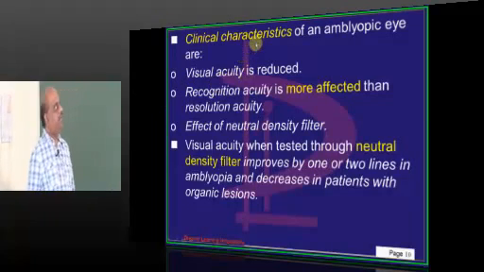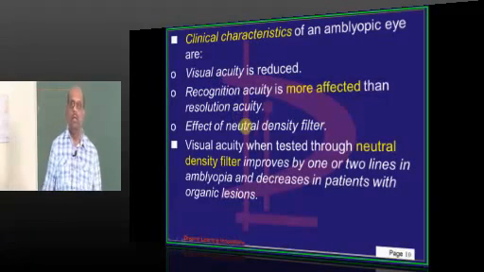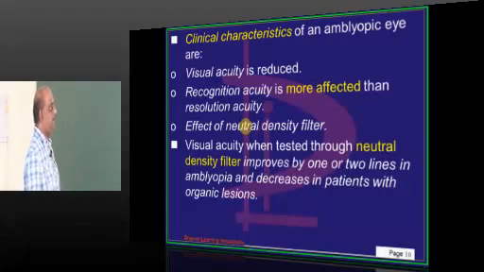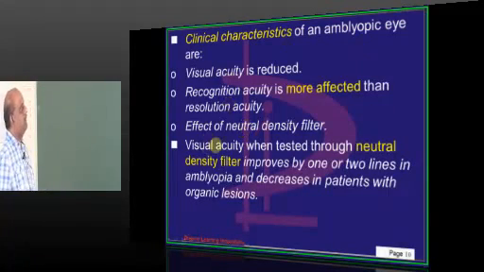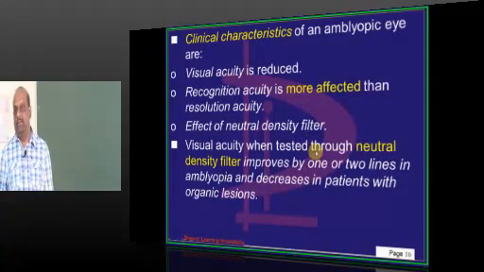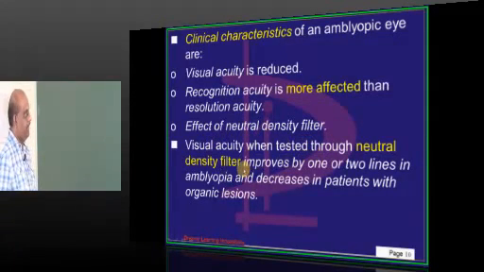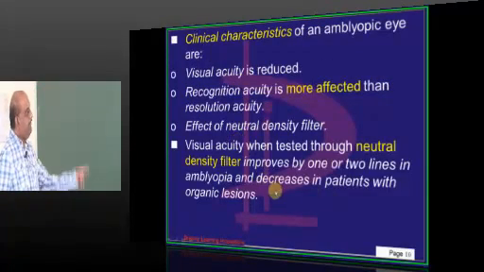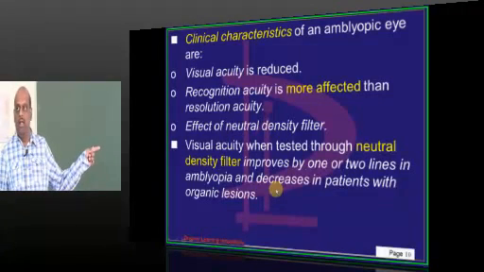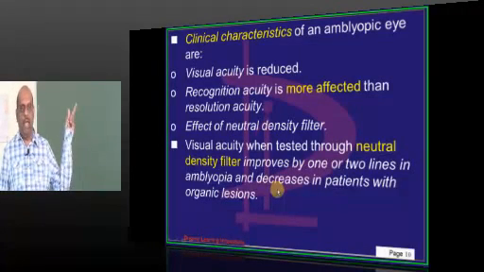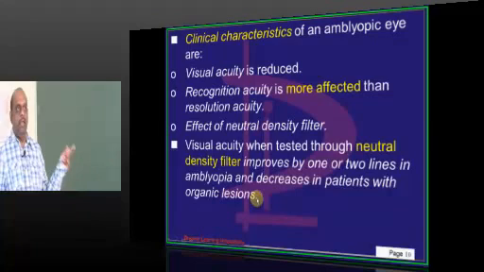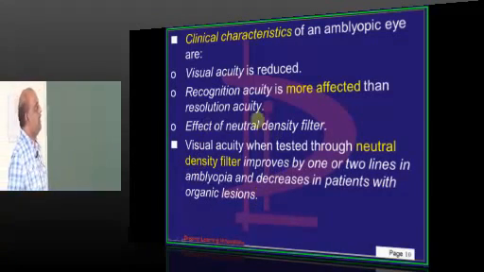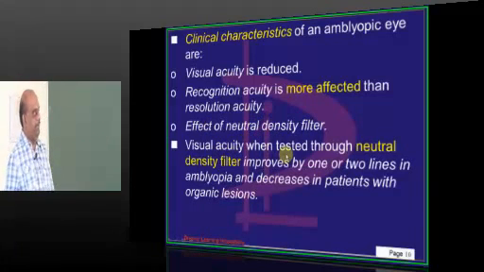Whenever there is a loss of visual acuity in amblyopia, a very important test is called the neutral density filter. So what does it mean to say? If you want to differentiate a vision loss due to amblyopia versus patients who are having a vision loss due to an organic lesion, then we use what is called a neutral density filter.